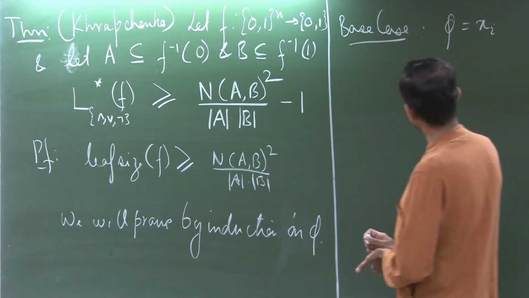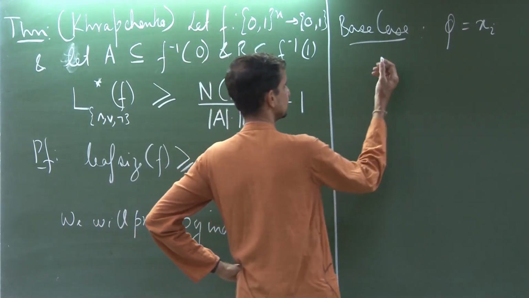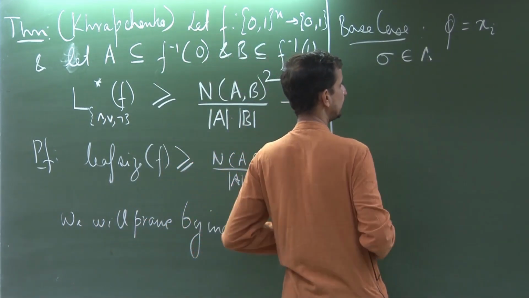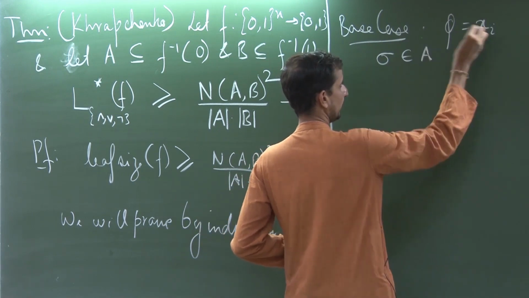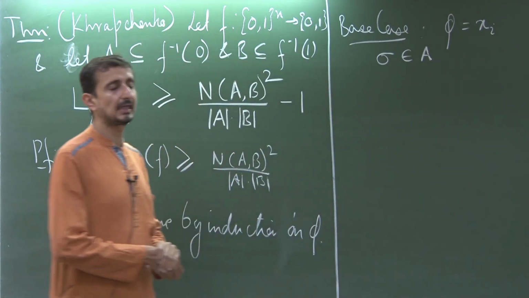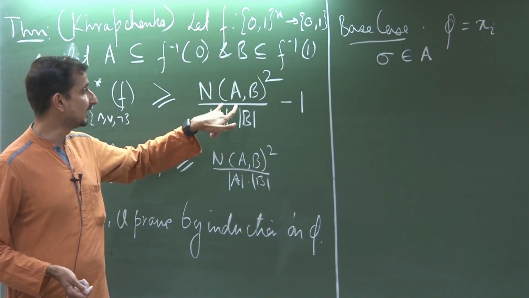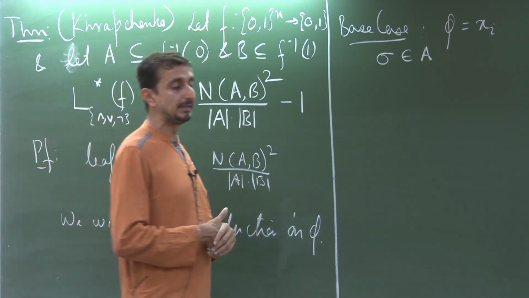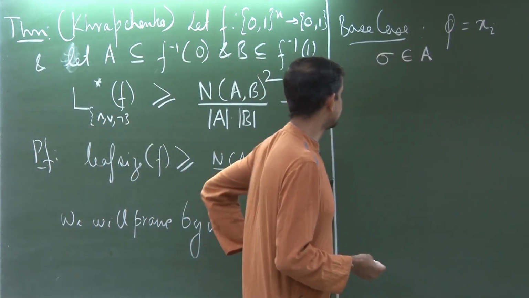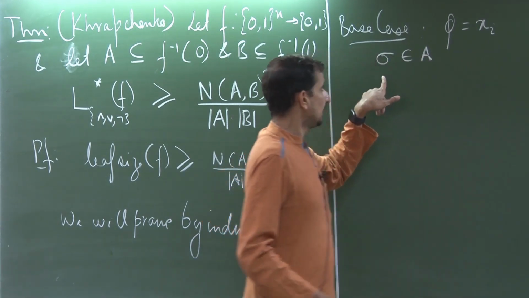If I take any sigma belonging to A, then how large can N(A,B) be?